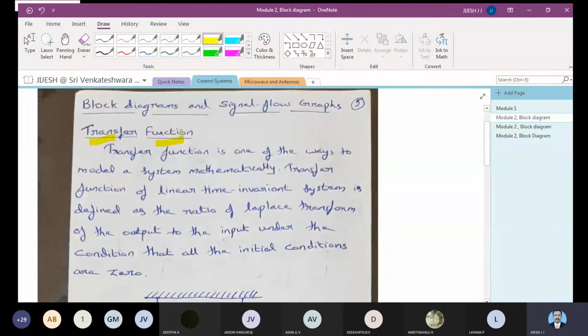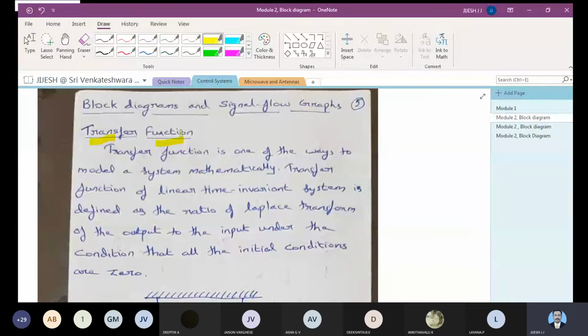So first, to understand about transfer function, it is one of the ways to model the system mathematically. So we are going to get the mathematical equation for that, and transfer function is for a linear time invariant system, and defined as the ratio of Laplace transform of output to the input under the condition that the initial conditions are all 0.